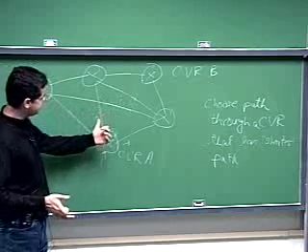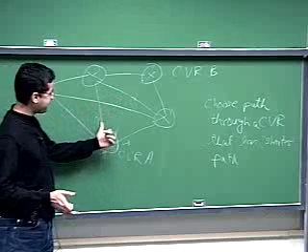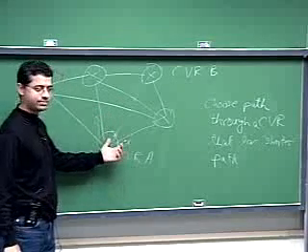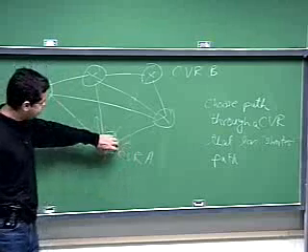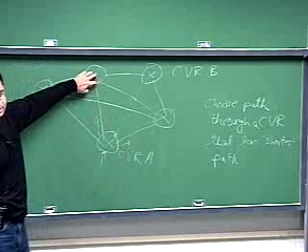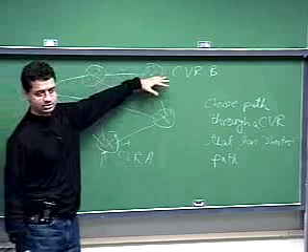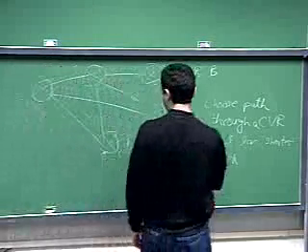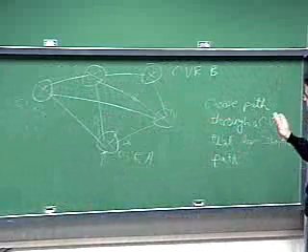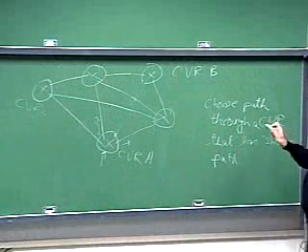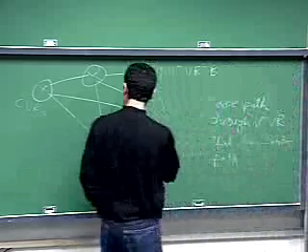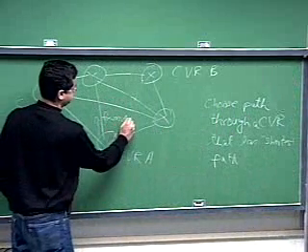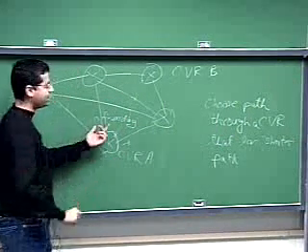Suppose through some computations you decided that this one is the shortest path. Then what you're going to do is you're going to forward the message or the packet onto this link onwards to the final destination. So this operation has two parts. One is forwarding on the right link.